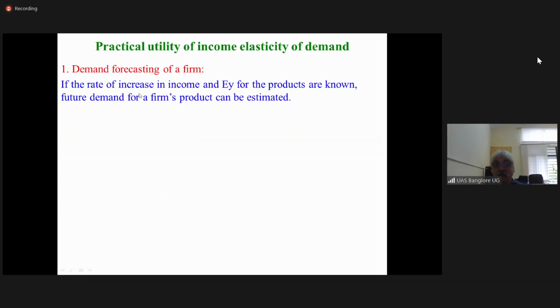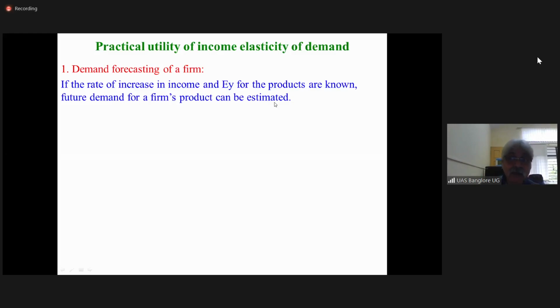If the rate of increase in income and the income elasticity for the products are known, if we know the income elasticity, future demand for a firm's product can be estimated. Suppose the government is planning to set up another pay commission, and government employees are going to get higher income, their salaries will increase.